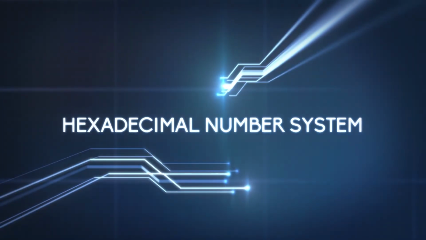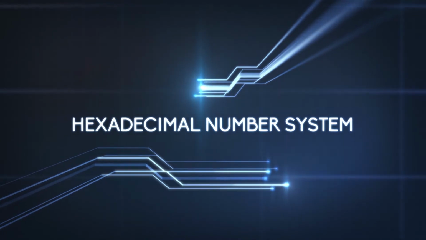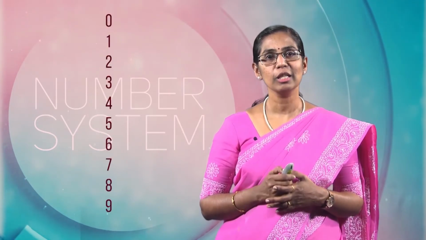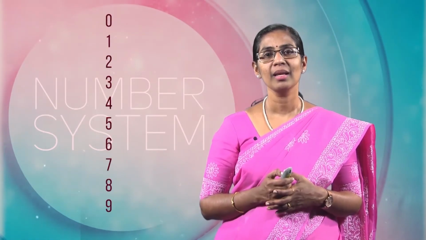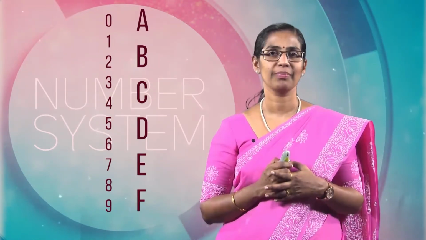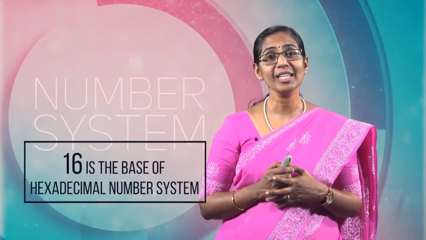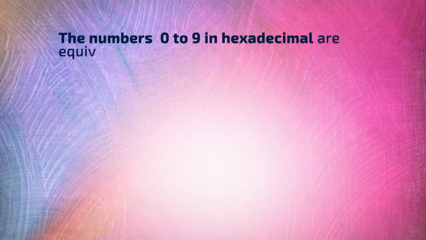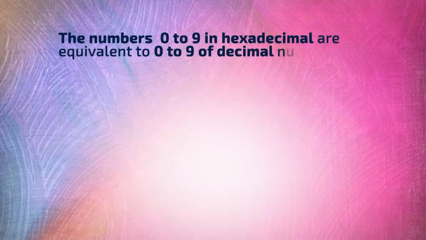Then, the last positional number system we are going to learn today is the hexadecimal number system. Hexadecimal is a positional number system having 16 symbols or digits: 0, 1, 2 up to 9, then A, B, C, D, E and F. As it consists of 16 digits, its base is 16. The numbers 0 to 9 in hexadecimal are equivalent to 0 to 9 of the decimal number system.